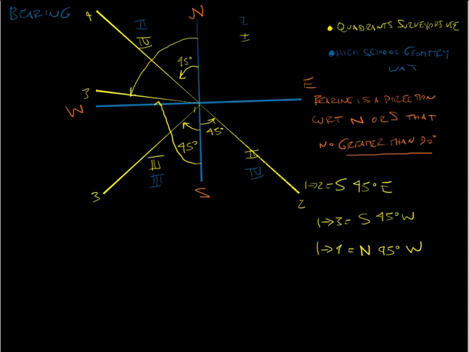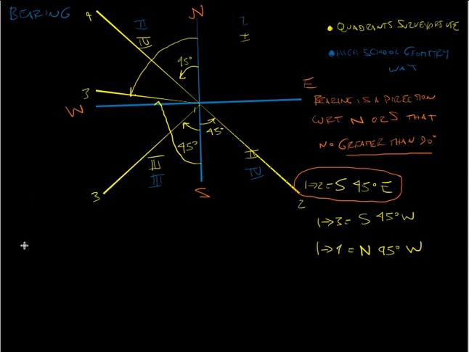But you can convert. You can convert from bearings to azimuths and azimuths to bearings, and this is done all the time. So this bearing here, south 45 east, let's convert that to an azimuth.